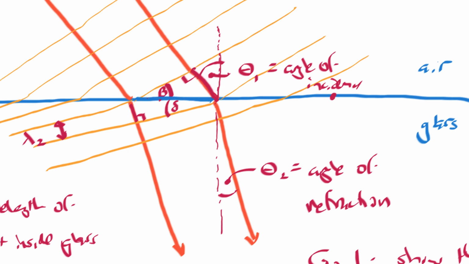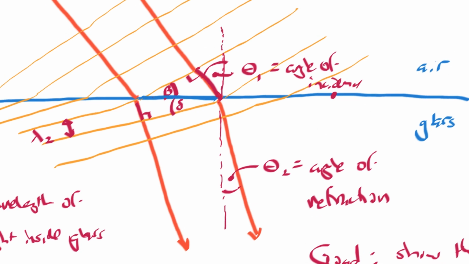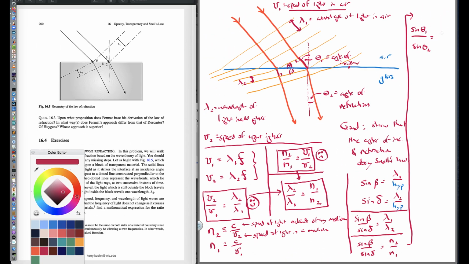So sine beta is the same as sine theta 1, and sine delta is likewise the same as sine theta 2. And that is equal to n2 over n1. And lo and behold, we have now arrived at Snell's law: n1 sine theta 1 equals n2 sine theta 2, which is Snell's law.